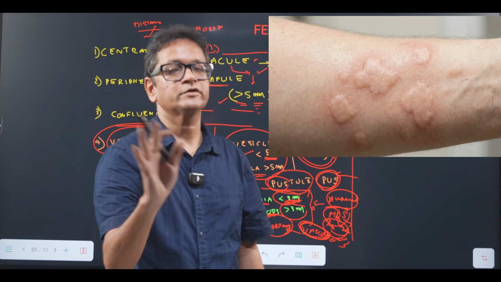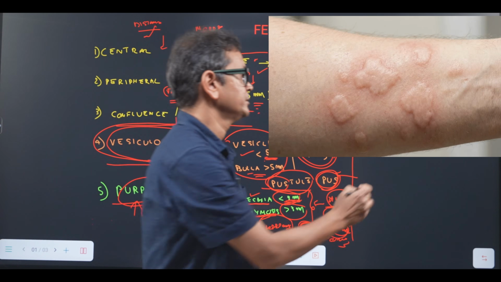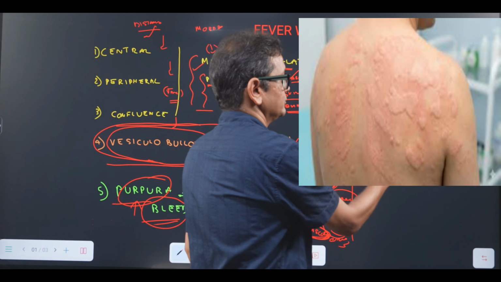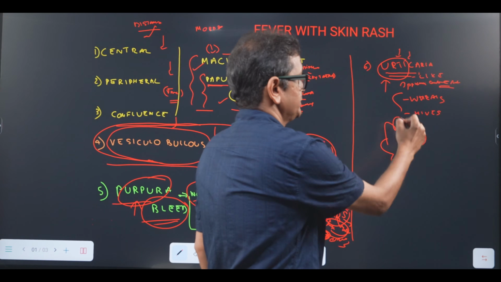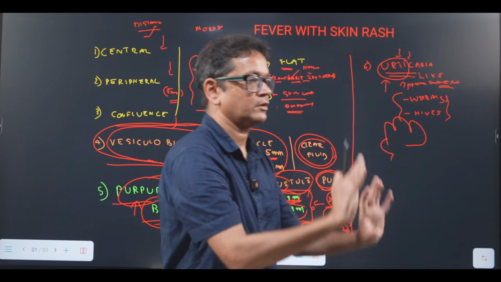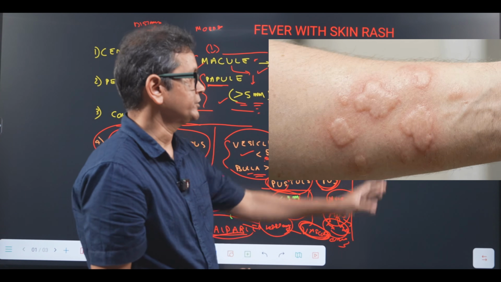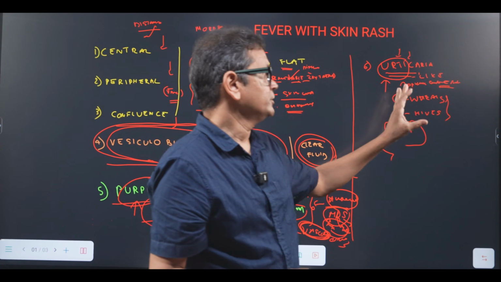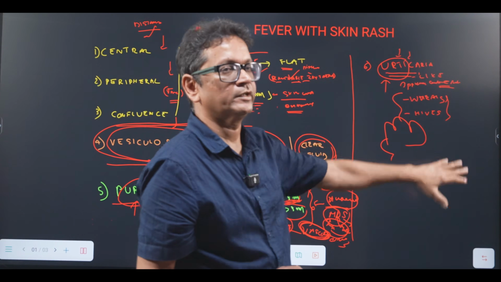So, it is most of the time itchy and erythematous, and they flare up like this also, that you can see in this image. Another term that we use for this condition is hives. Hives means crops of swelling of skin, especially erythematous zones, that you can see in this diagram. So, if you say this word either hives or wheals or urticaria, it is the same thing.